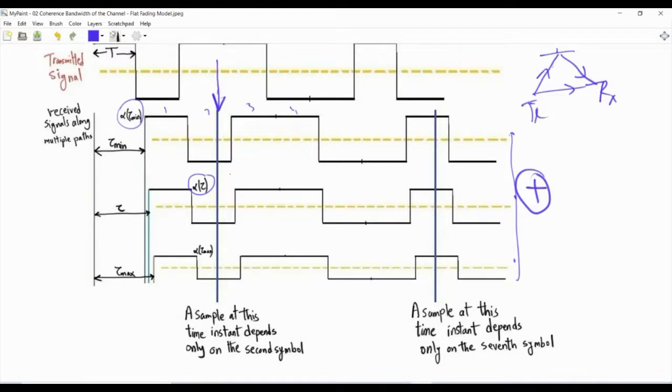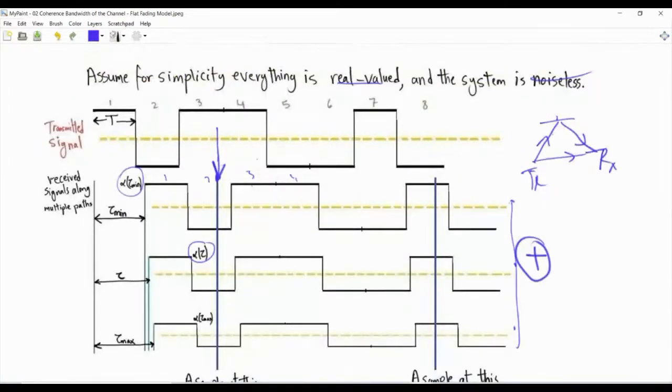Something very nice happens here. If you sample the sum of those signals at this time instant, your sum will depend on just one transmitted symbol, which in my case here is the second symbol.